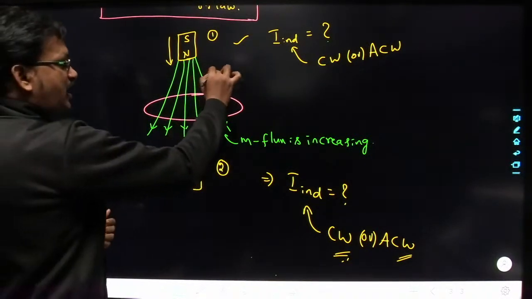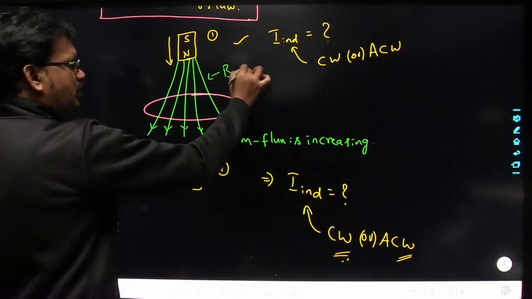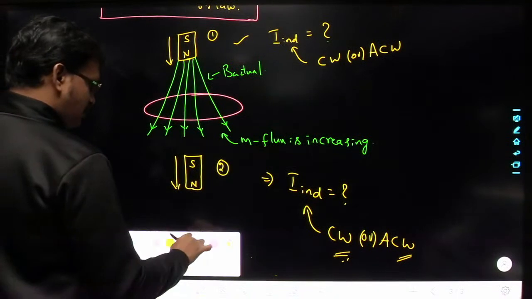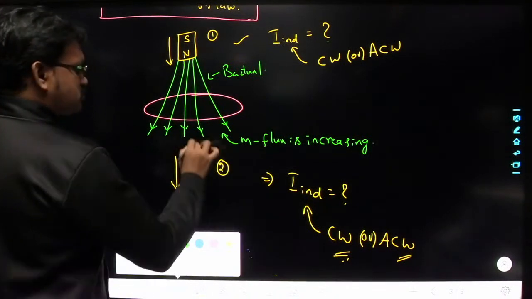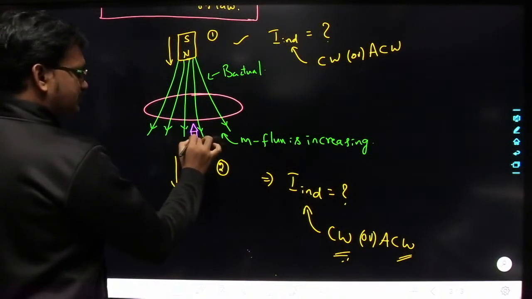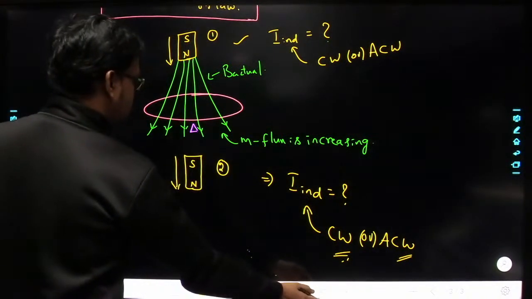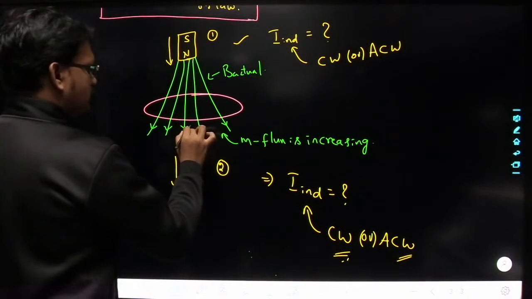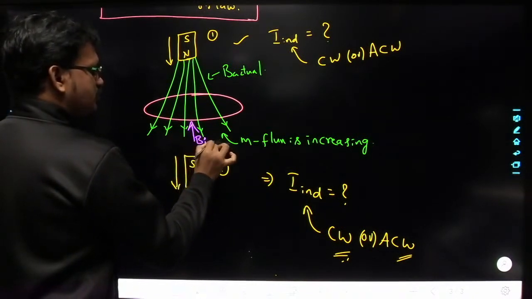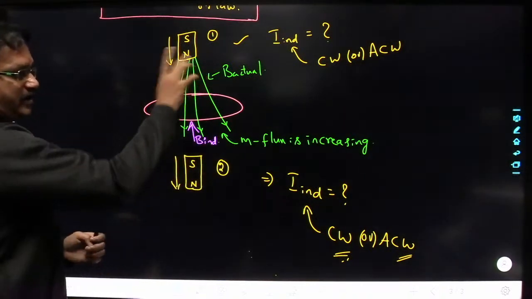So this is B actual. The induced magnetic field must be opposite to the actual magnetic field.